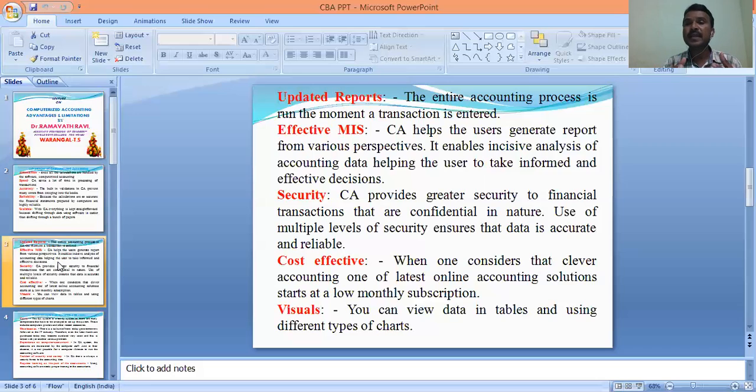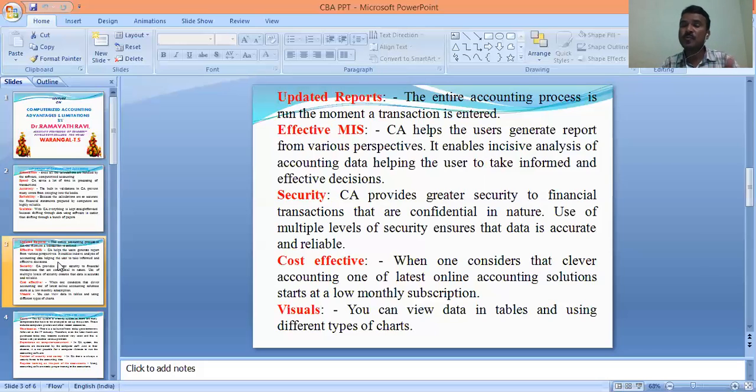So computerized accounting is not only recording the transactions and preparing the statements, it also helps to prepare different models of tables for comparisons. For example, looking at the last 10 years of profit, whether the trend is increasing or decreasing, which year has the highest profit and which year has the lowest profit.